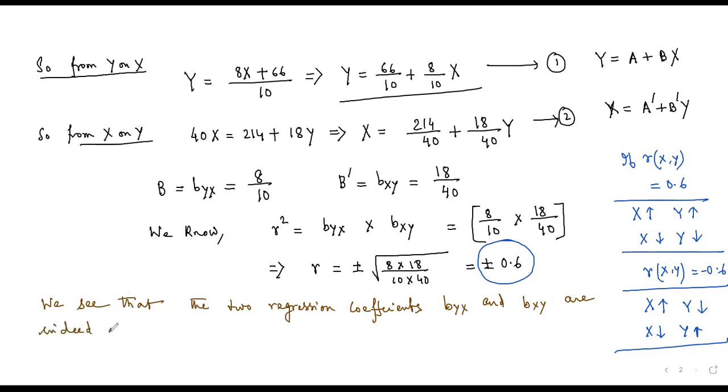They are positive, because one regression coefficient is 8 by 10, another regression coefficient is 18 by 40. So they are positive. This implies that their product will be positive. This means R square is positive.